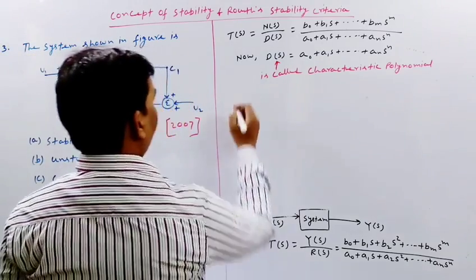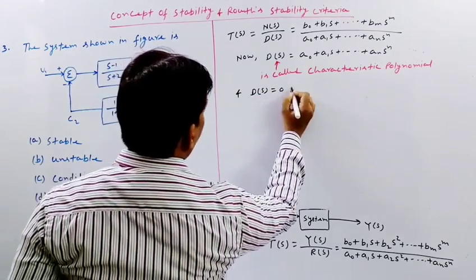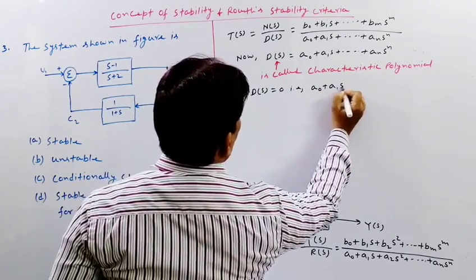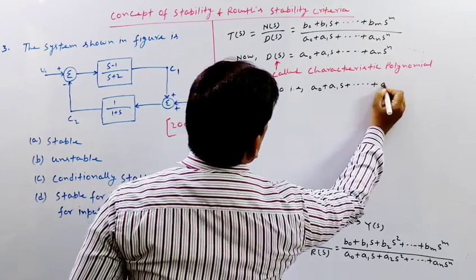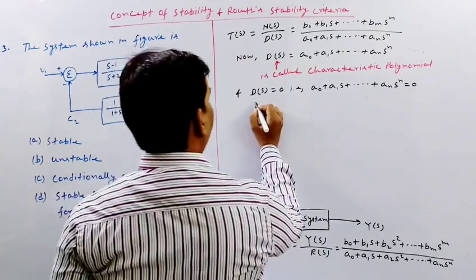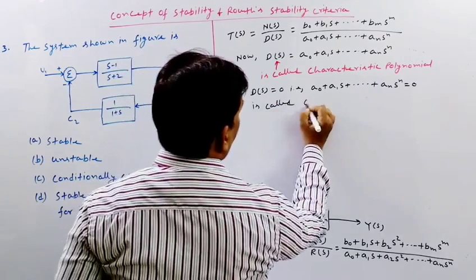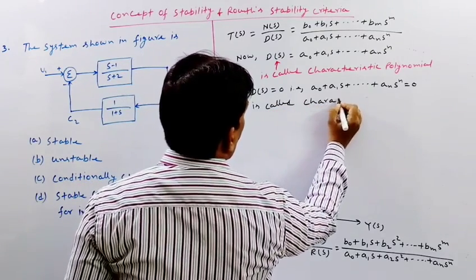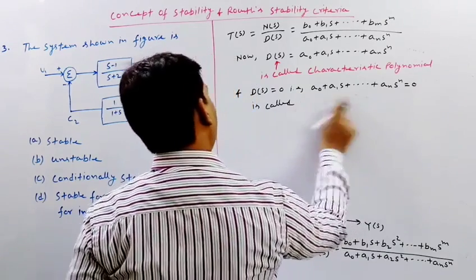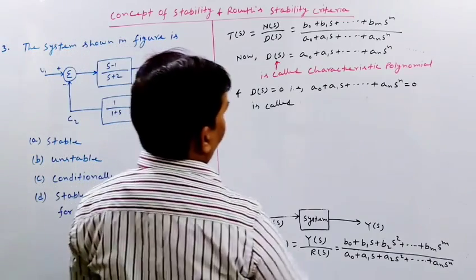That is A naught plus A1 S plus dot dot dot An S to the power n equal to 0 is called characteristic equation.